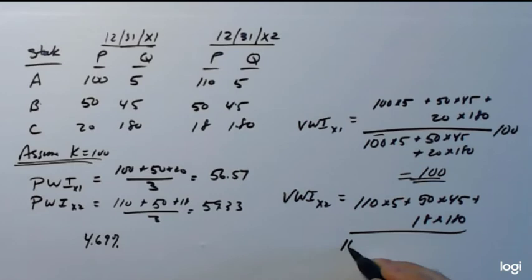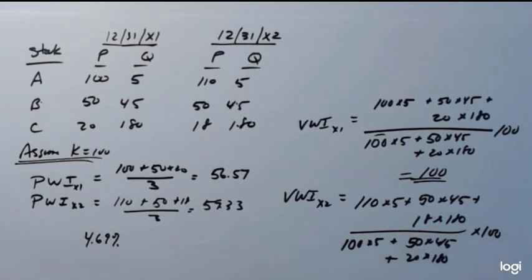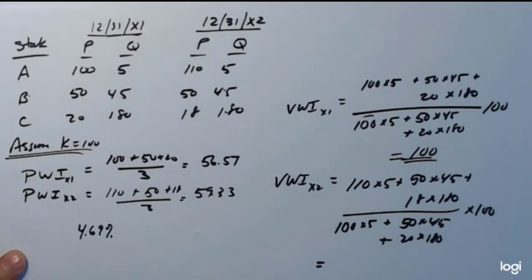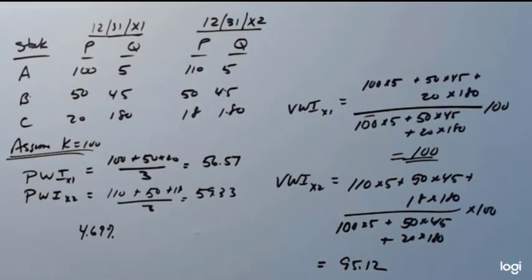That's going to be 100 times 5 plus 50 times 45 plus 20 times 180, and it's all times K of 100. K doesn't change. It's fixed, by the way. And so we do this calculation. It comes out to be 95.12. Okay, 95.12. That sounds good.